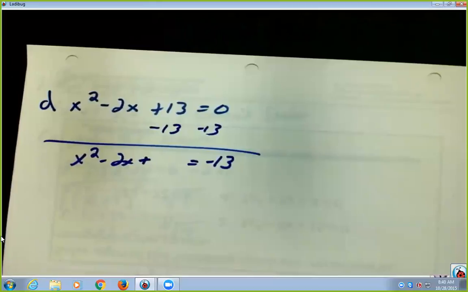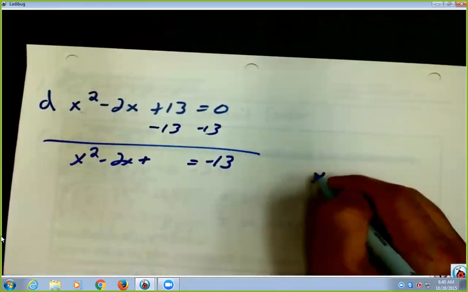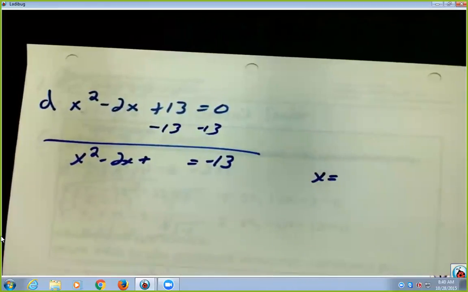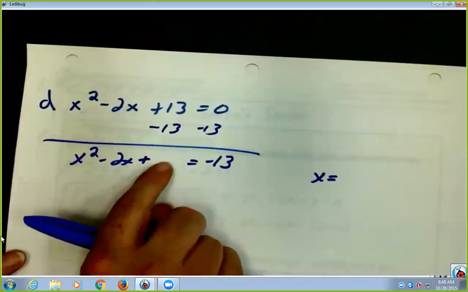So what's x going to be? Anybody get the answer? So x will equal what? So what number should go right here?